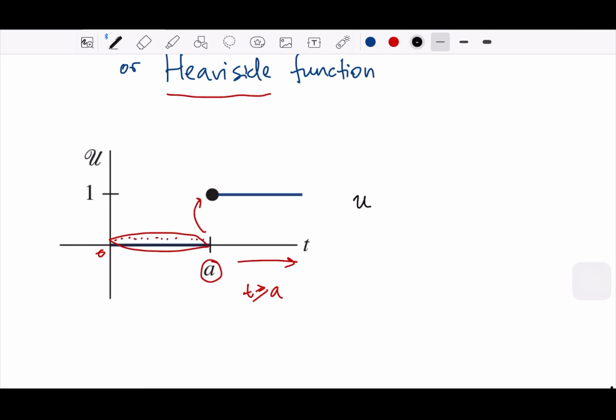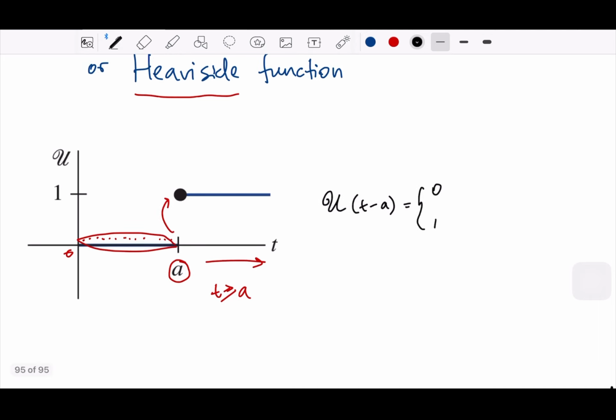We write this as the Heaviside function of t minus A. We can write it in piecewise form, 0 and 1.